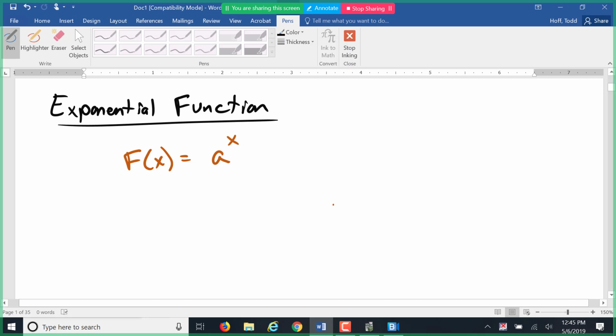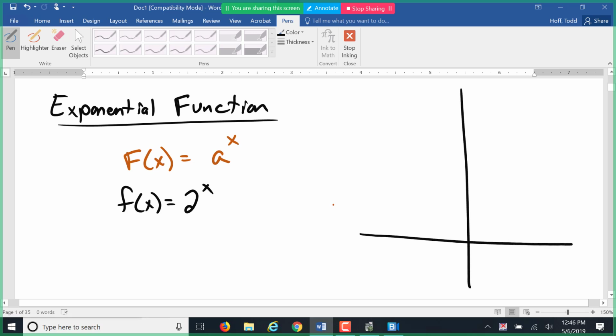So let's do an example. Let's say that f of x equals 2 to the power of x. And let's graph that. So I can make this a little bit larger, make it easier to see.